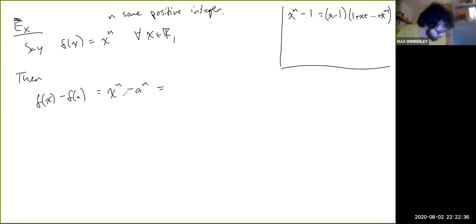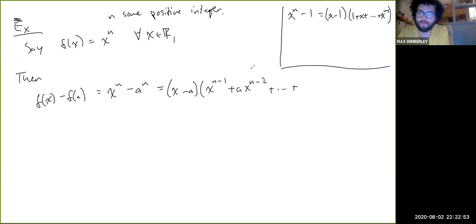But anyway, this can be factorized quite nicely. So you get x minus a times x to the n minus 1, plus a x to the n minus 2, and so on. In each term, the exponent of a increases by 1 and the exponent of x decreases by 1. So you end up with a to the n minus 2 x, and then a to the n minus 1. Okay?